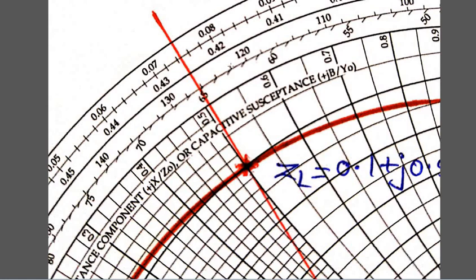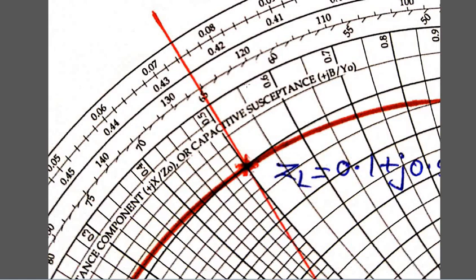This is also divided into 5 parts. What is the difference between 120 and 130? It is 10, divided into 5 parts. Each one will be 2. So 122, 124 and 126. So the angle of reflection is going to be 126.